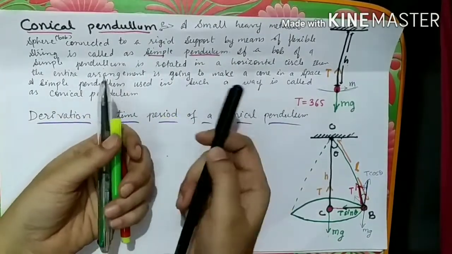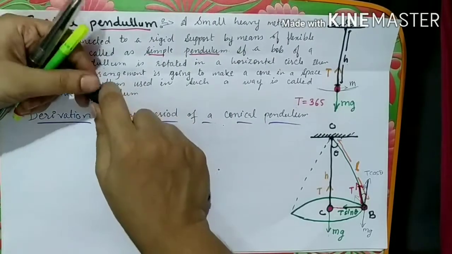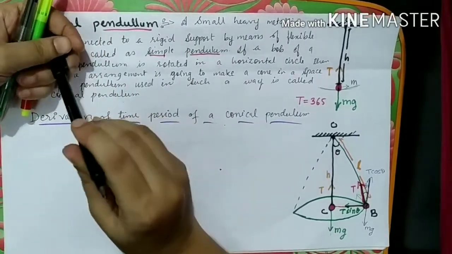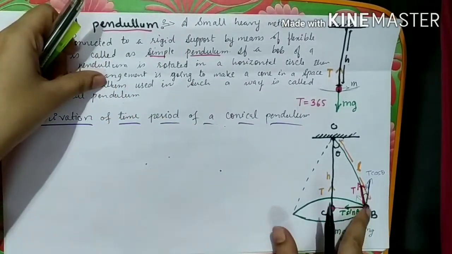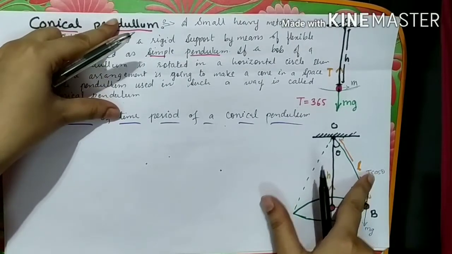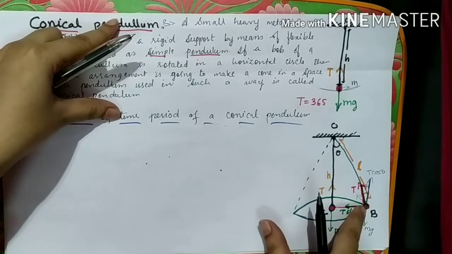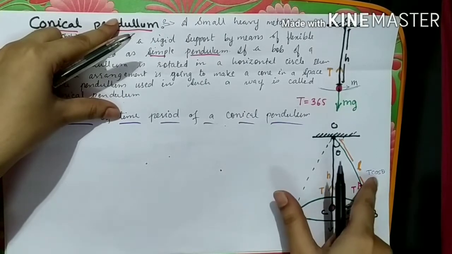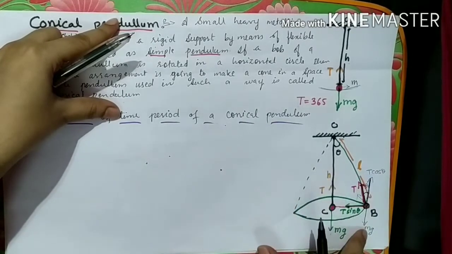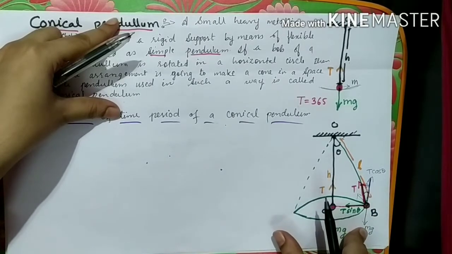Let us quickly write down the equation of equilibrium over here. As we all know, the bob is neither moving in the upward direction nor in the downward direction. It shows that at this particular point, this vertically upward force is exactly balancing the downward force.